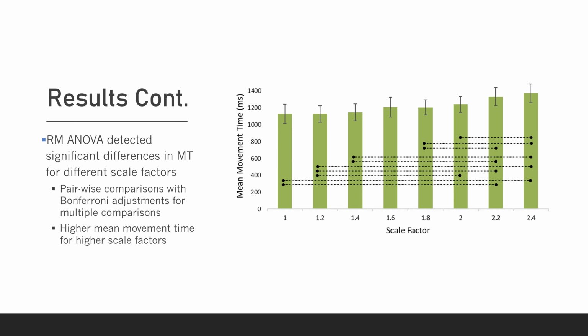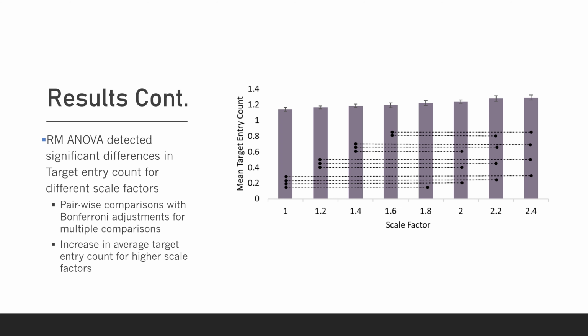In the case of movement time, we found significant differences, especially for higher scale factors, so our hypothesis failed for movement time. This can be explained by participants slowing down under higher scale factors, since warping caused the virtual cursor to move faster for bigger scale factors. We found similar significant differences in case of target entry count for higher scale factors.